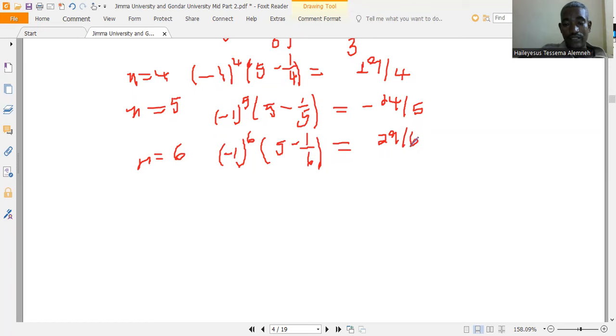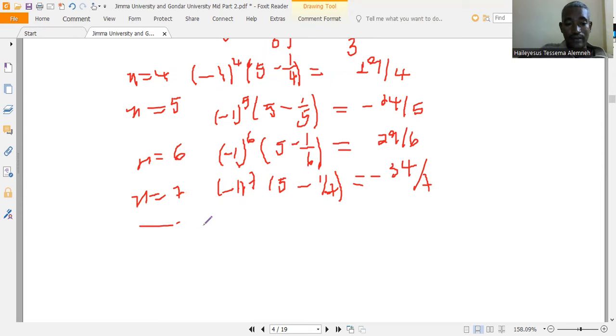When n is equal to 7, minus 1 the power of 7 times 5 minus 1 over 7. Taking 7 as the common denominator, 35 minus 1 is 34, so it is minus 34 over 7. It continues like this.